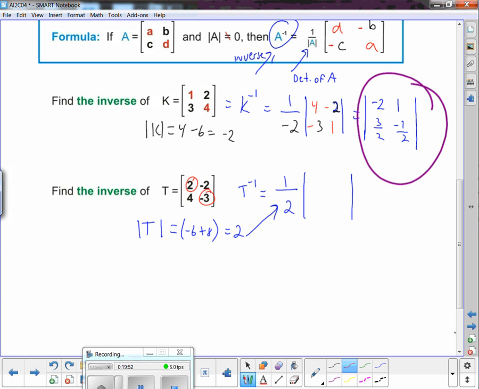That was swap-o wapo. Negative, negative. Negative of 4. So this is going to end up being a plus, right?